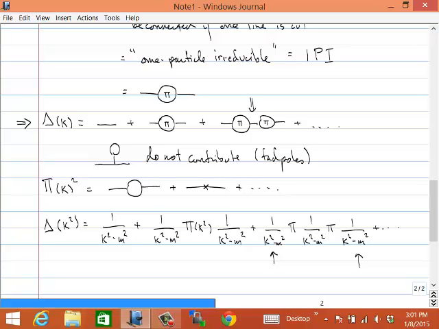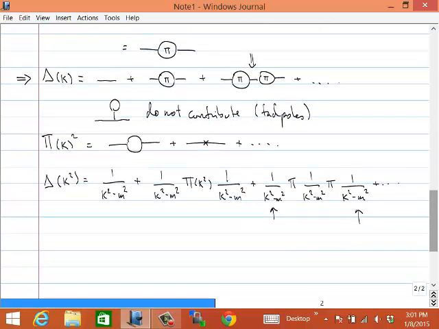So we have an infinite series here, and does anyone know what the sum of that infinite series is? Yes. The propagator over 1 minus pi times the propagator. That's fair, that's basically right.